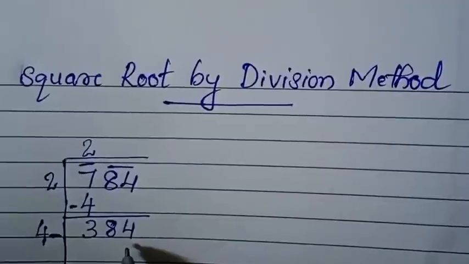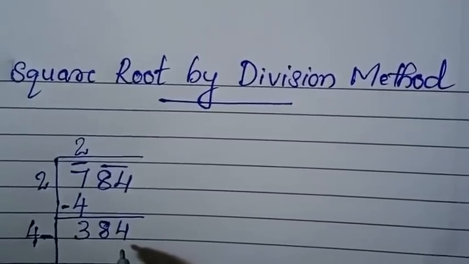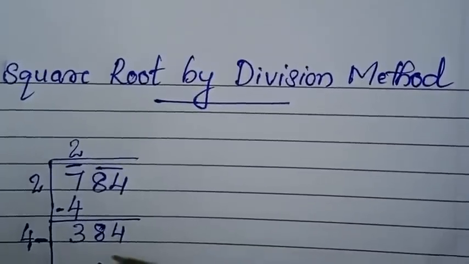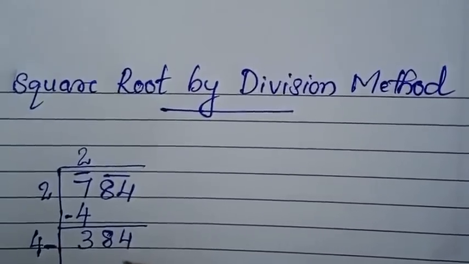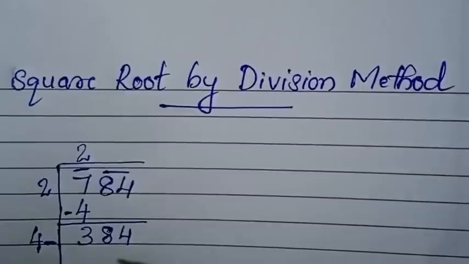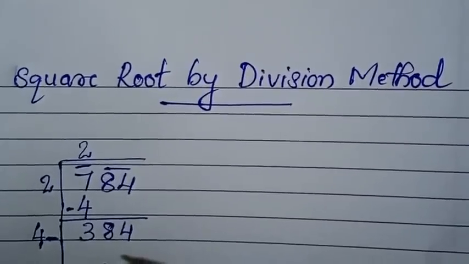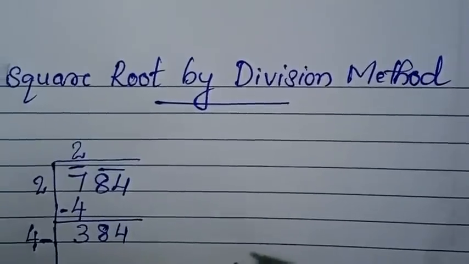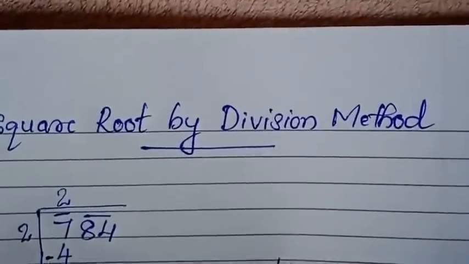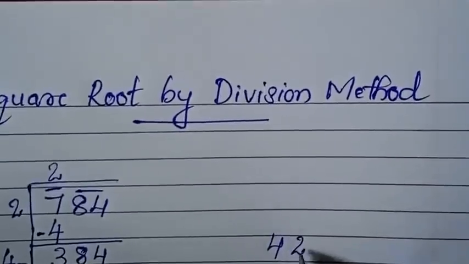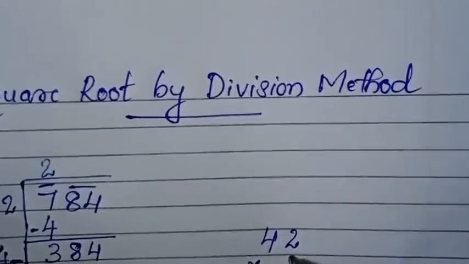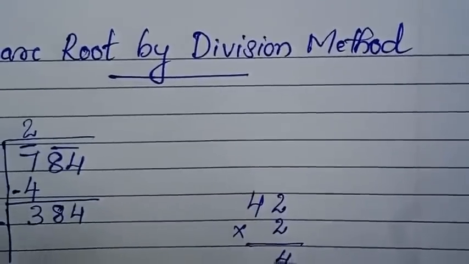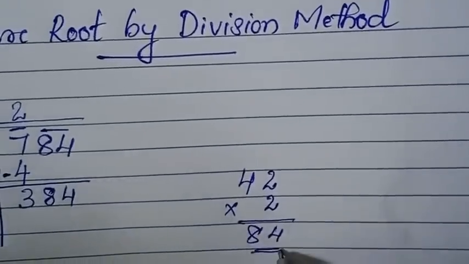So we know the number that ends with a 4 will come from maybe 2 square or 8 square, because 2 square is 4 and 8 square is 64. Shall we guess and multiply over the working column? So 4, 2. This is a guess. Multiply this number by 2. 2 2s are 4, 2 4s are 8. We got 84 only.